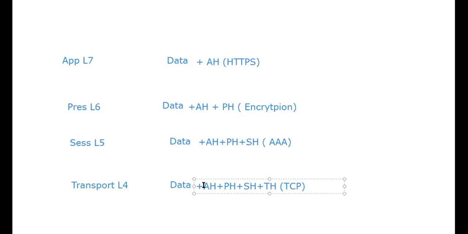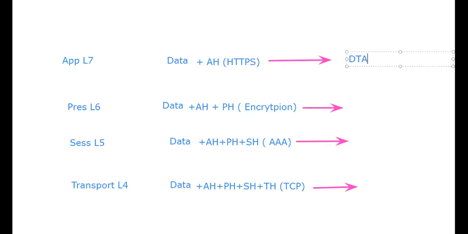So here you can see this. In every layer you have data, plus you have the specific layer information, which we call a header. When you add data plus that specific layer information, then they will call it by a respective new name. In the application layer, when you add the application layer header to data, we call it data.